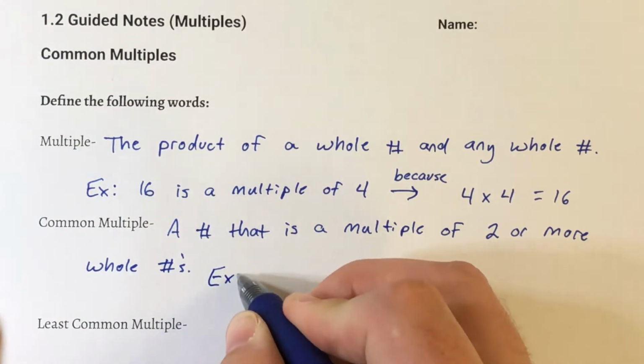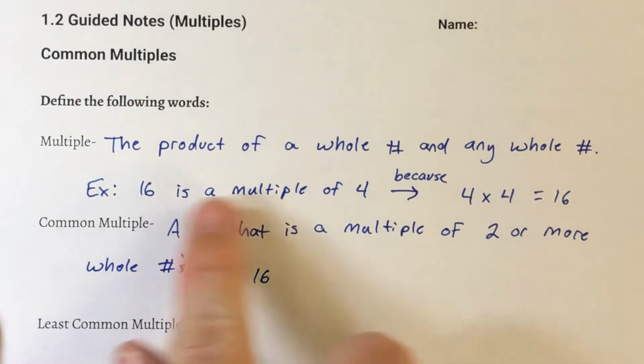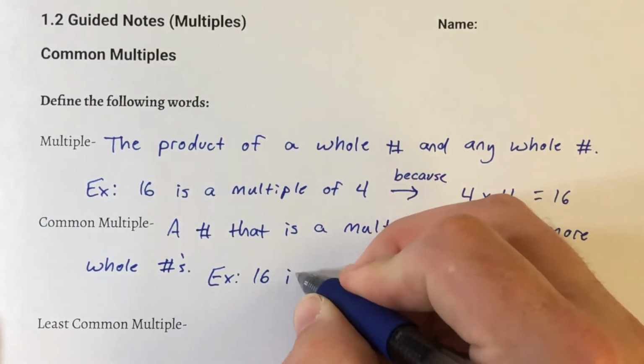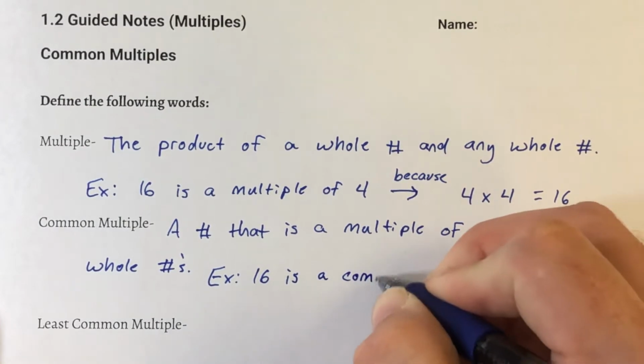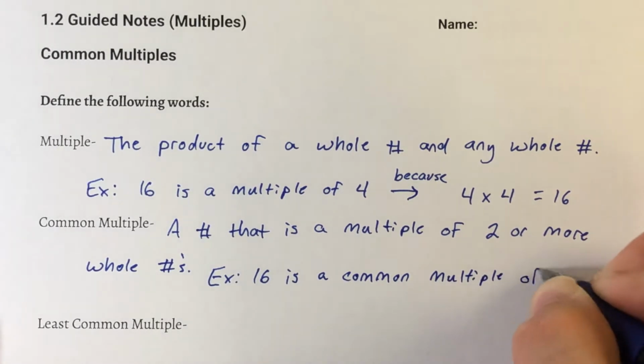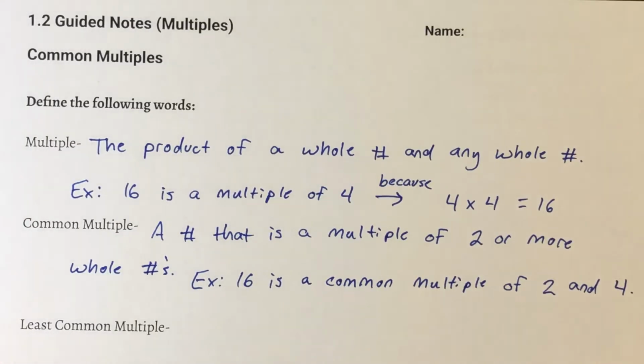Example, 16. Earlier we said 16 is a multiple of 4. Because 4 times 4 is 16, or if you count by 4s, you'll get to 16. 4, 8, 12, 16. Well, 16 would also be a common multiple of 2 and 4, and there are many other things it's a multiple of.